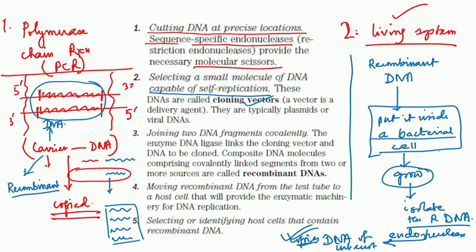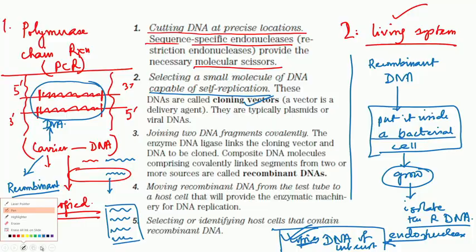These cells, because they have the insulin gene, will make the insulin when they grow. And now, whatever insulin is available in the market is all recombinant insulin, and it makes the perfect human variation of the insulin.